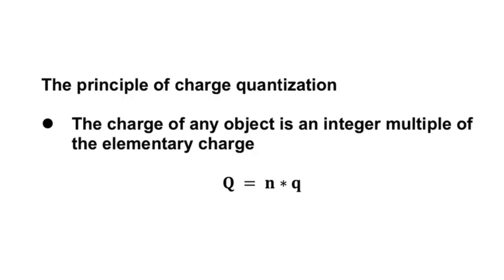So what does it say? The charge of an object is an integer multiple of the elementary charge. Well, let's talk about this elementary charge. What do we mean by the elementary charge? What carries charge in an atom is electrons. Electrons, they carry a charge of minus 1.6 times 10 to the minus 19 coulombs, right?